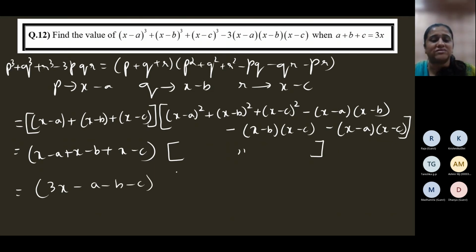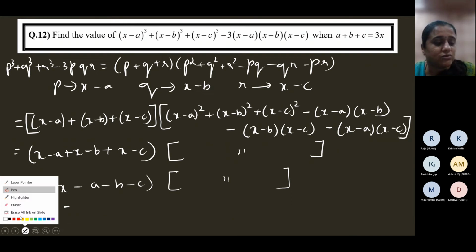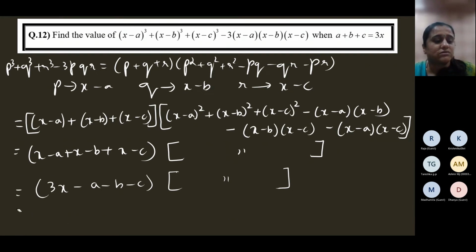Write the second bracket as it is, children. Now here this is equal to 3x. You can take minus common here, or you can also do this. In the question given, what is 3x?